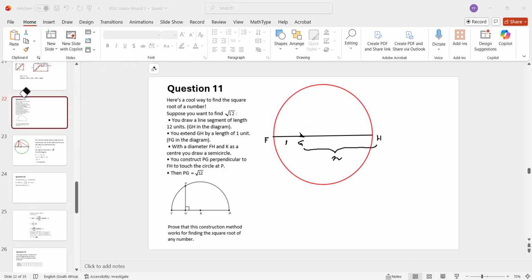Let's do it again. Sorry. So drop a perpendicular here. And that thing hits this circle at a point called P.